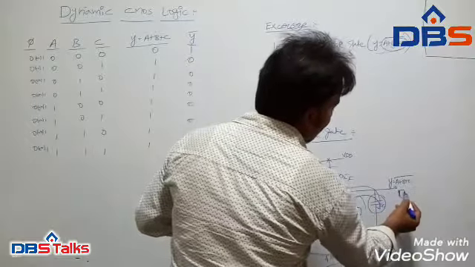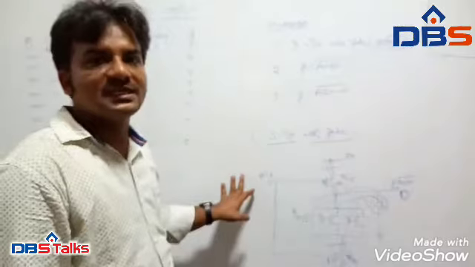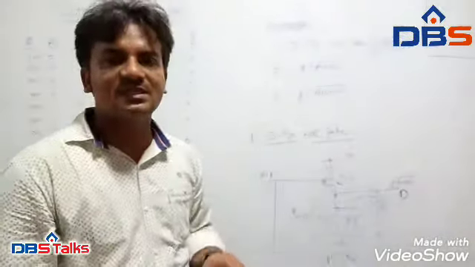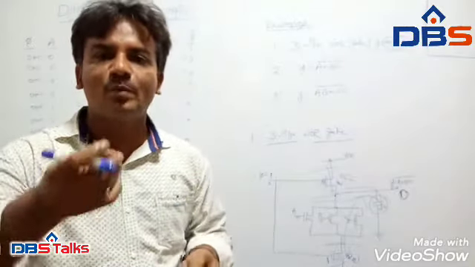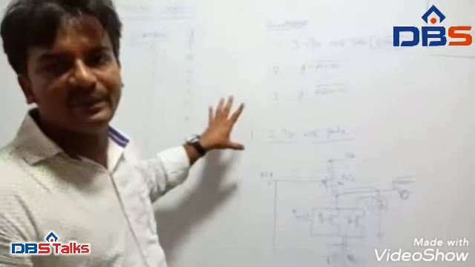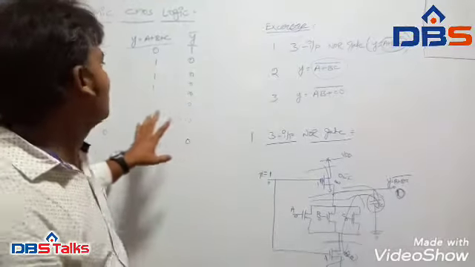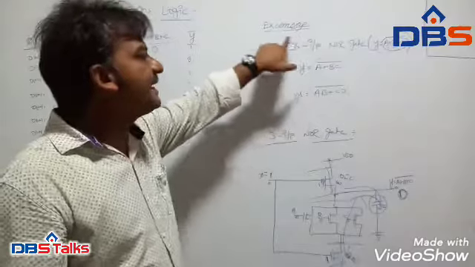At that time we get the output 0. We use dynamic CMOS logic because we have to maintain the same logic for some time. So the best design for any circuit is dynamic CMOS logic, and based on that we can implement any logic functionality.